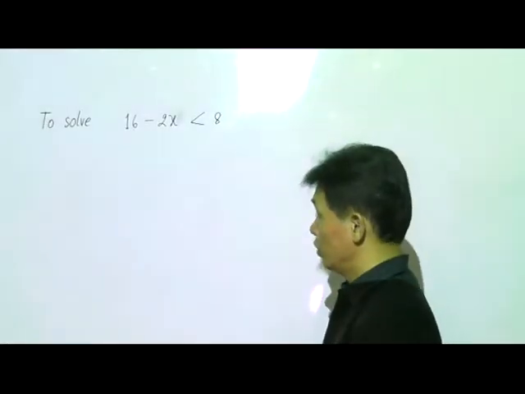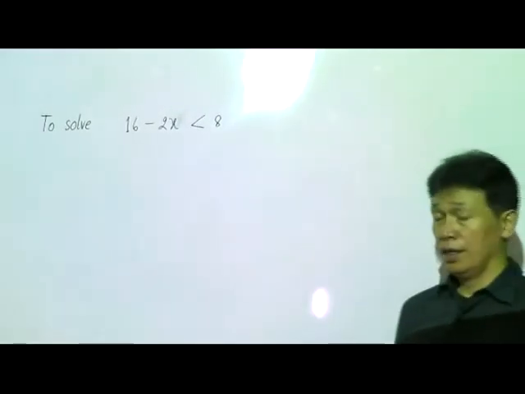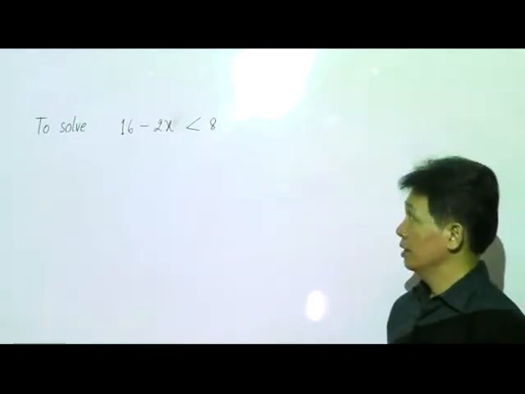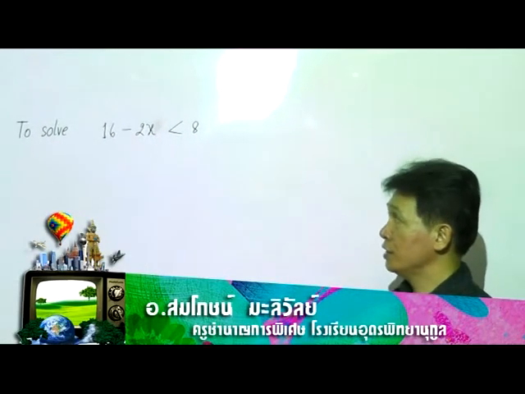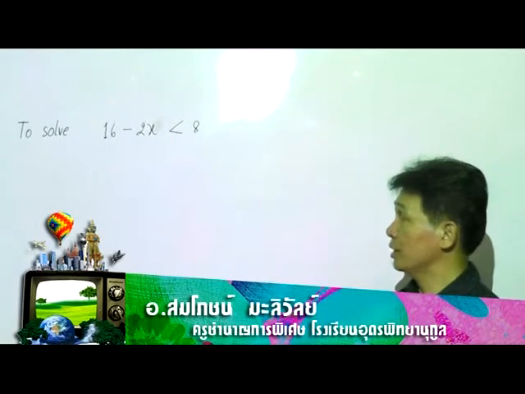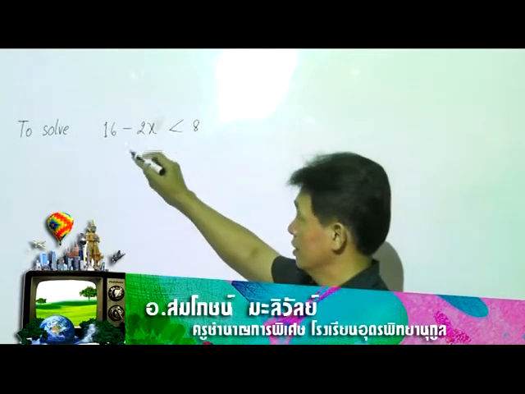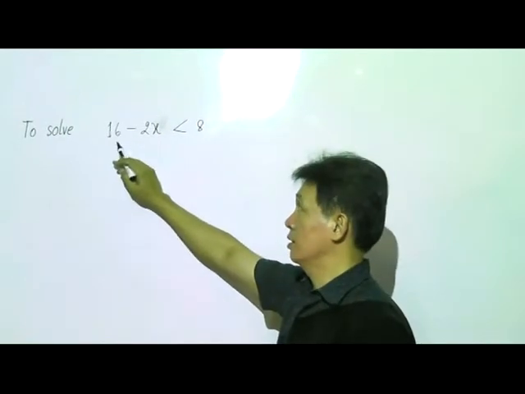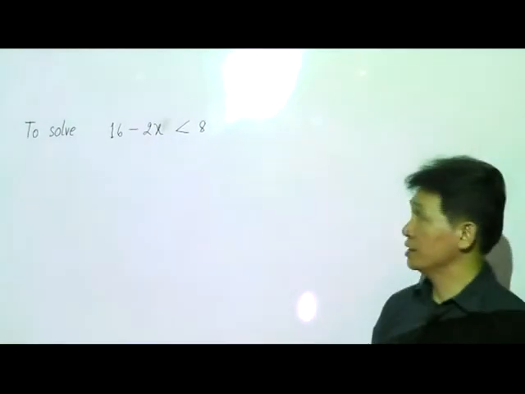Next, I will show you an example of how we can solve an inequality in one variable. Solve 16 minus 2x is less than 8. First, we get rid of the constant 16.